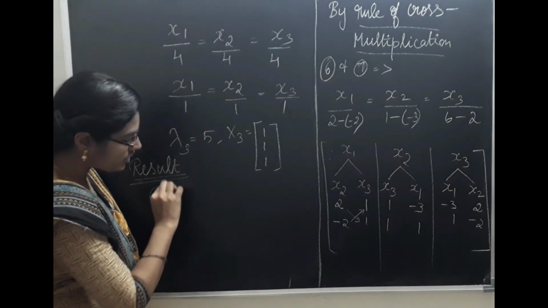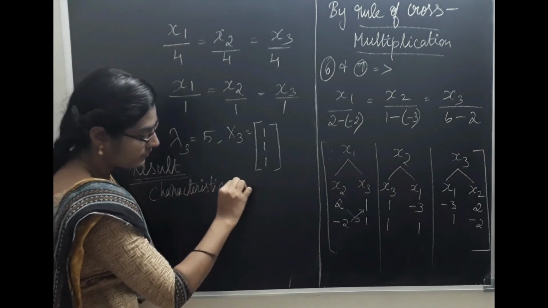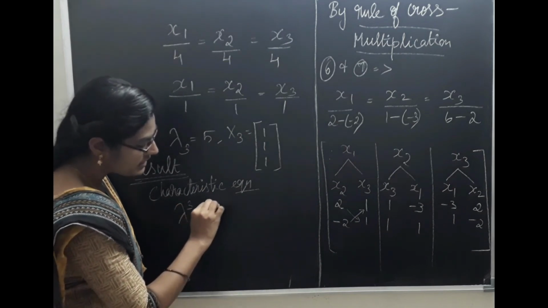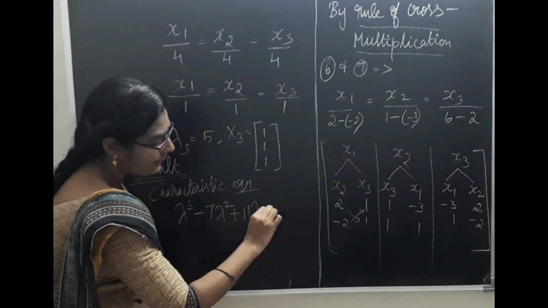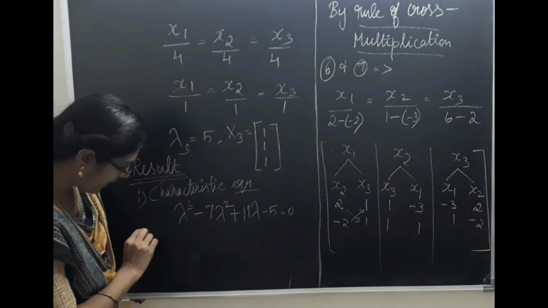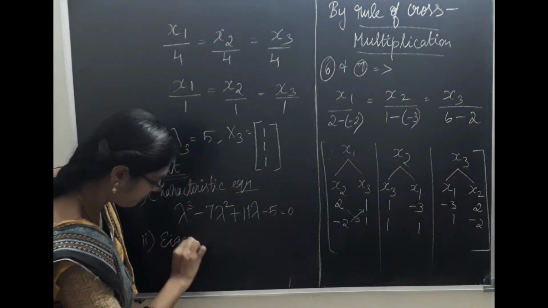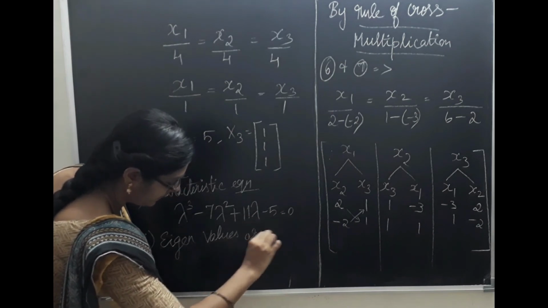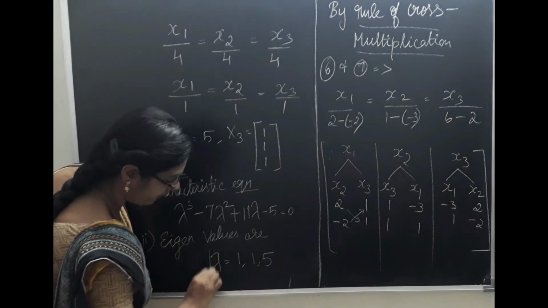The characteristic equation is given by lambda cube minus 7 lambda square plus 11 lambda minus 5 equal to 0. And then the eigenvalues are lambda equal to 1, 1 and 5.